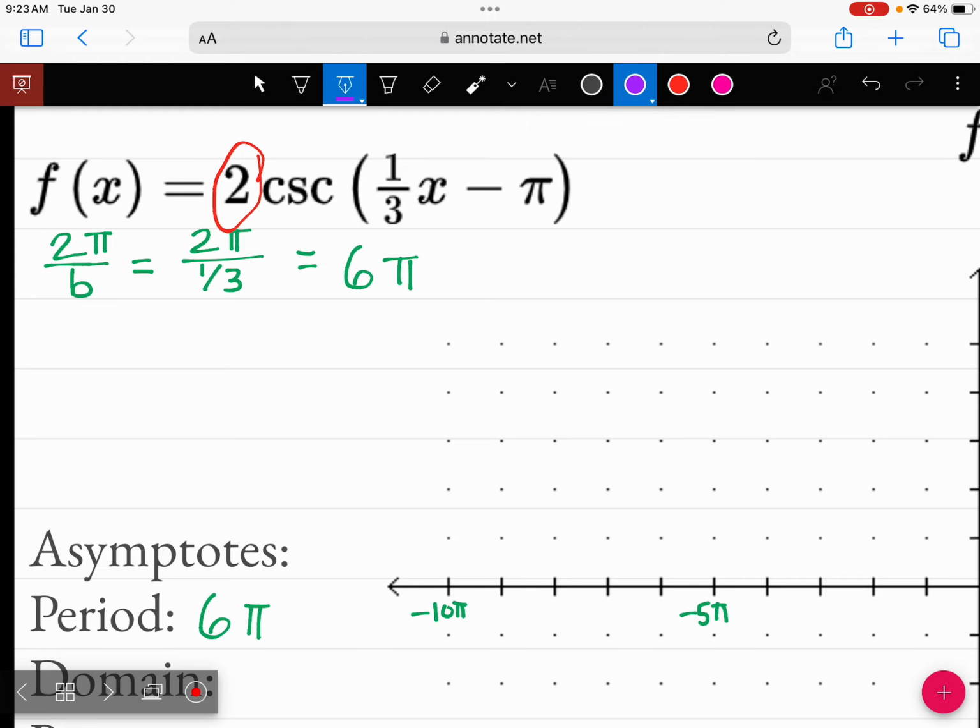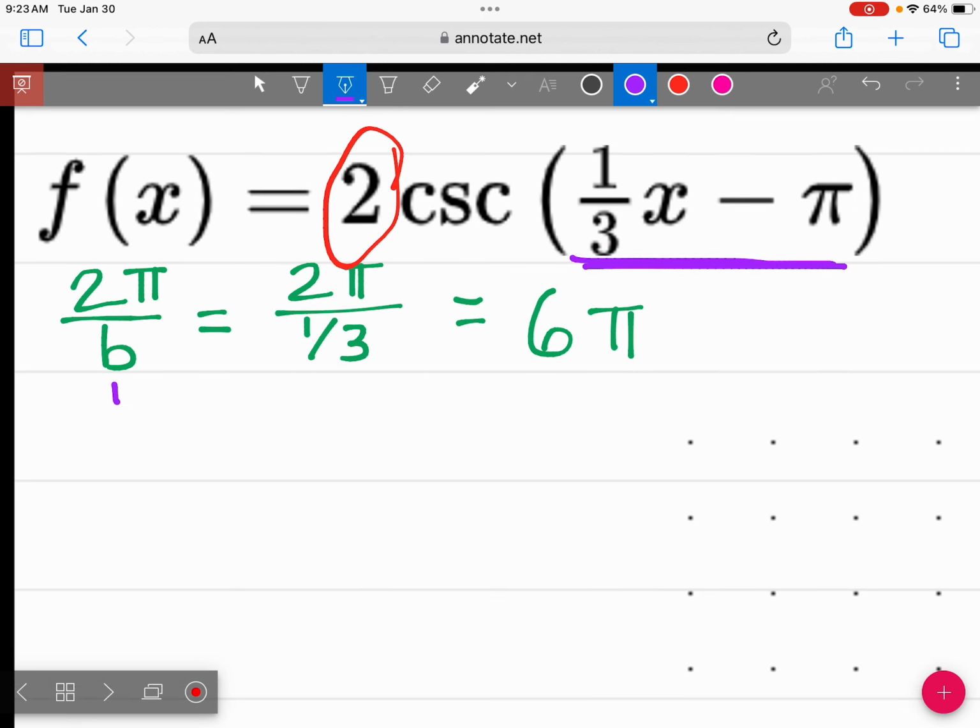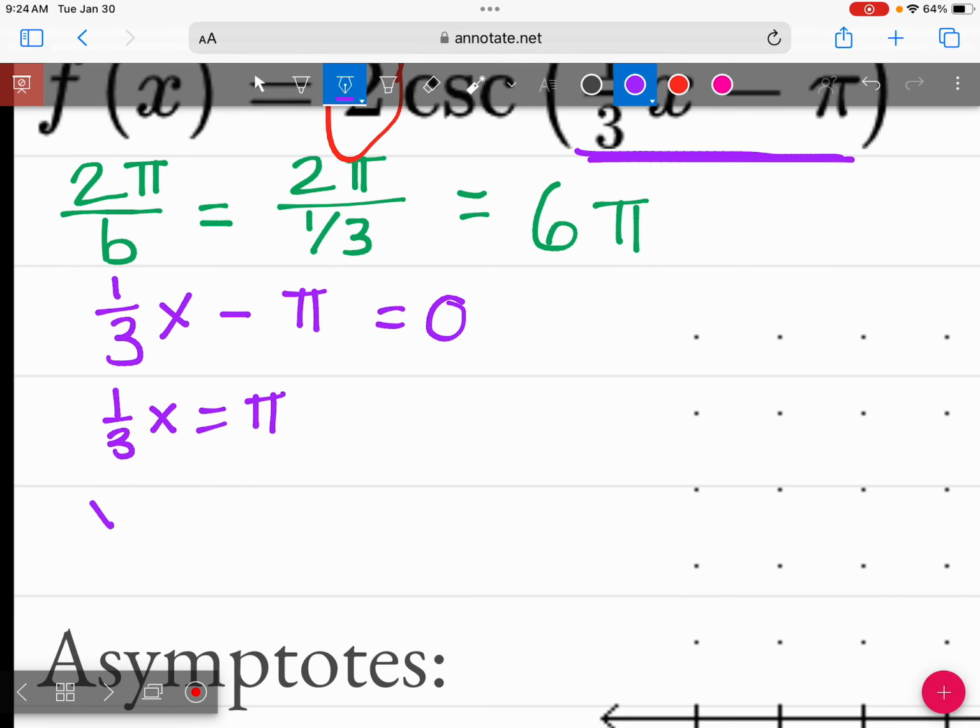To find our left endpoint, we take this argument and figure out when it equals 0. So we have 1/3 x minus pi, and we want to know when it equals 0. Adding pi to both sides, we get 1/3 x equals pi, which means that x equals 3 pi.